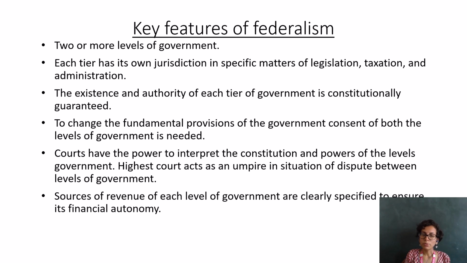Now, for example, if all the money were collected by the central government, and then distributed to the state government, in that case, if the central government does not want to cooperate with the state government, they might not distribute the money in a proper way. In that case, the state government cannot function properly.